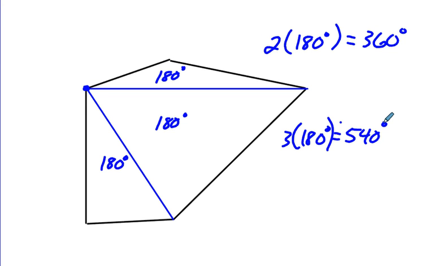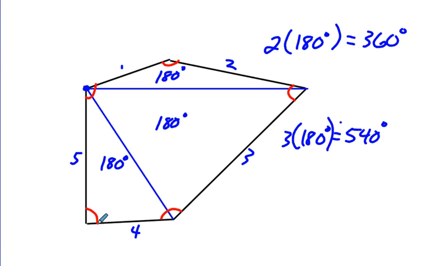So that means that every 5-sided polygon, which is called a pentagon, has an angle sum of 540 degrees. If I take this angle plus this angle plus this angle plus this angle plus this angle, adding all five angles up, they're going to total 540 degrees. If we look at our pattern, it's based on the total number of sides that we have.